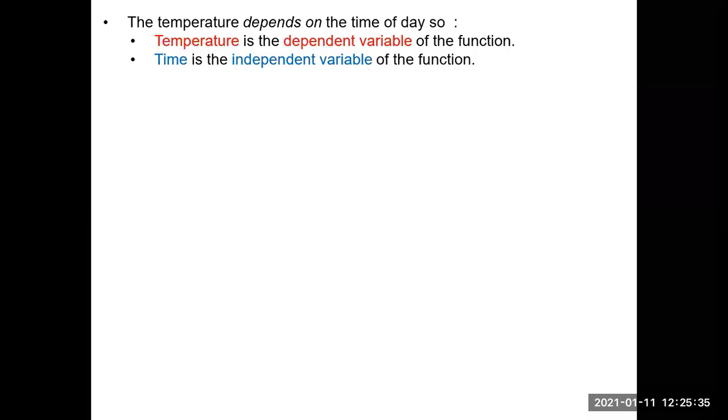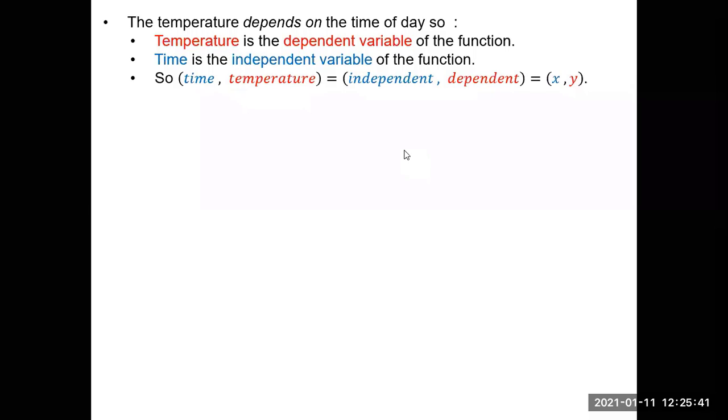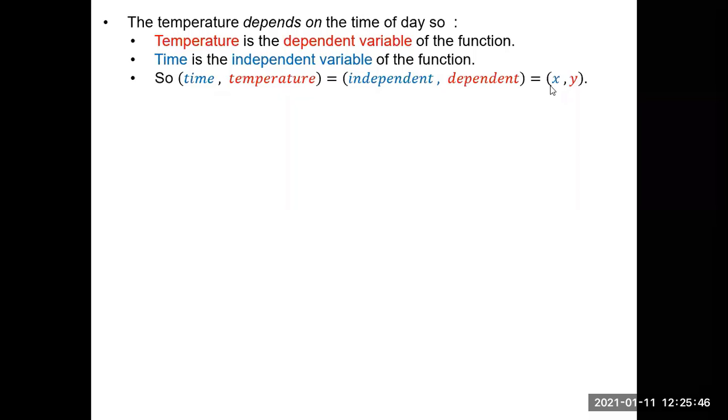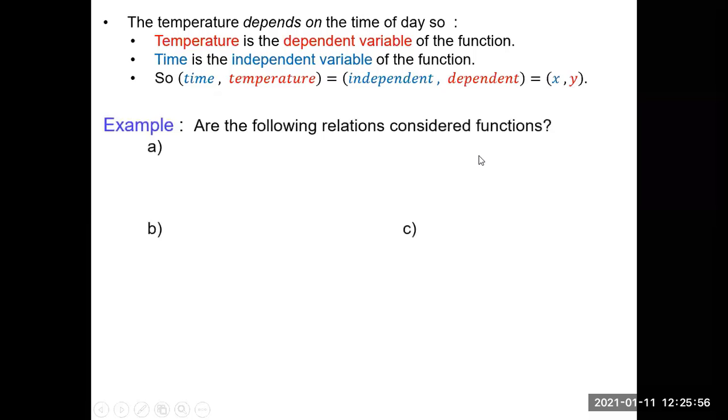So in an ordered pair, what we can recognize is that the independent variable goes first, which is why we refer to that as x, while the dependent variable goes second, which is why we refer to that as y. We could also think of this in terms of alphabetical order. So if we now take a look at some examples here, let's look at a few different relations. So let's take a look at this relation and determine whether or not it's a function.